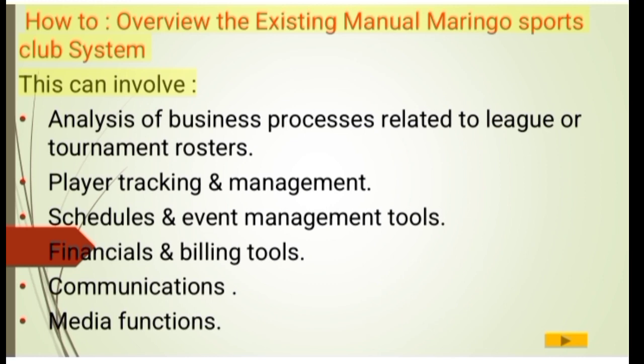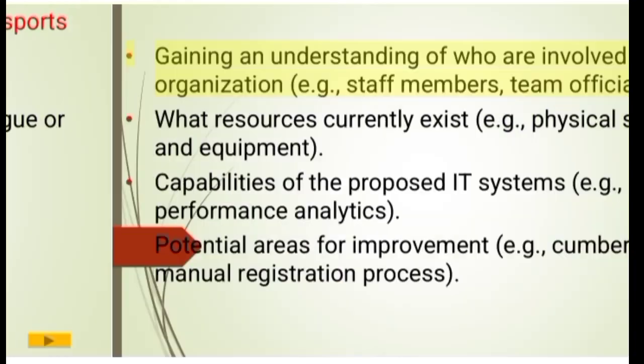How to overview the existing manual Maringo Sports Club system. This can involve analysis of business processes related to league or tournament rosters, player tracking and management, schedules and event management tools, financials and billing tools, communications, media functions.